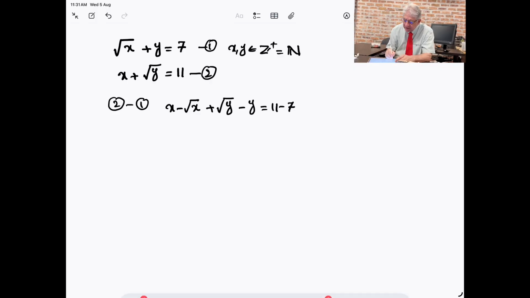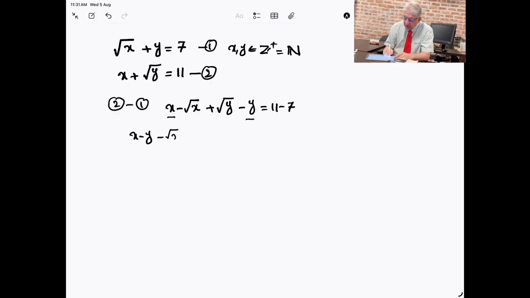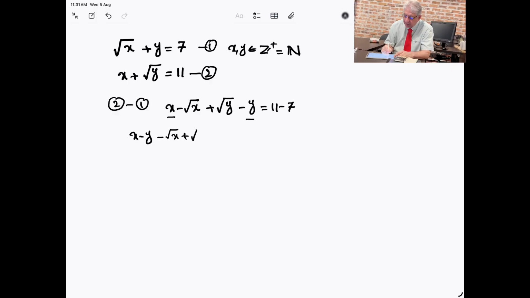I rearrange these and write these two next to each other. Therefore, x minus y, and I have minus the square root of x plus the square root of y is equal to 4.